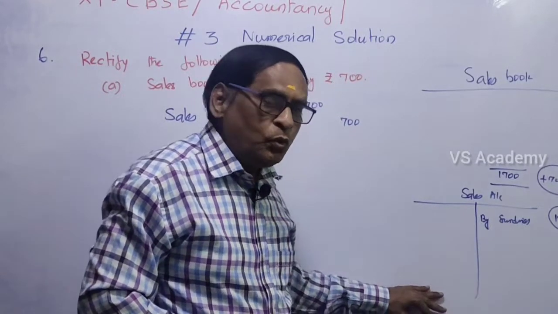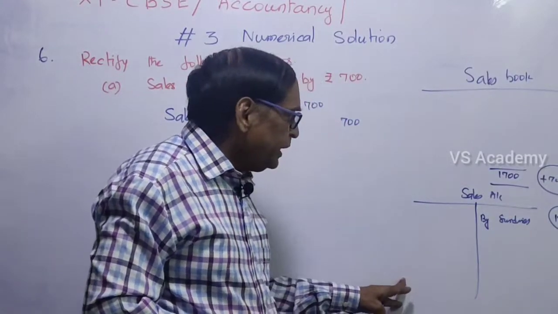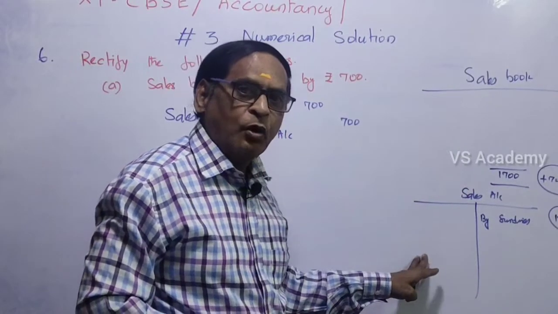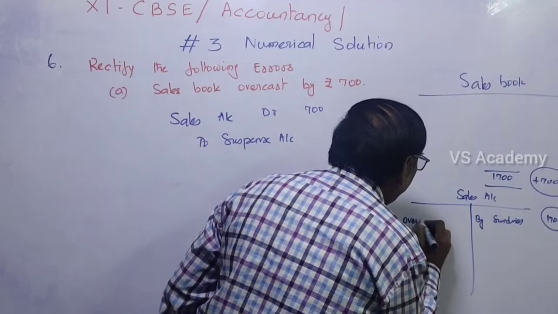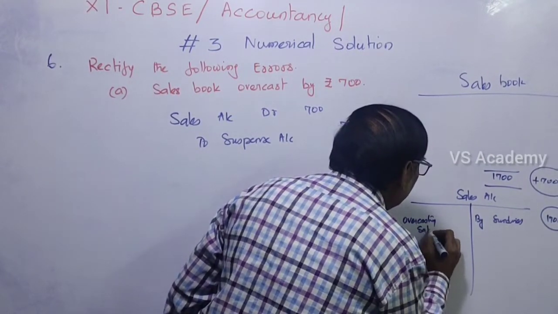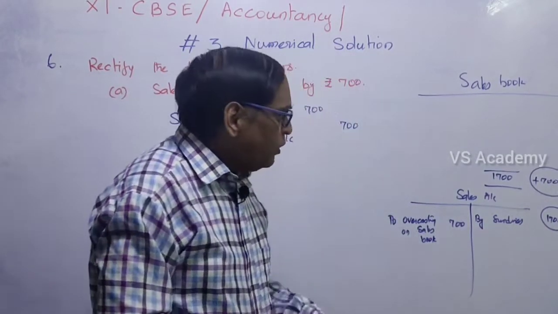We have to pass one more entry in the debit side of the sales account, to overcasting on sales book, 700 rupees. Now it will be tallied.